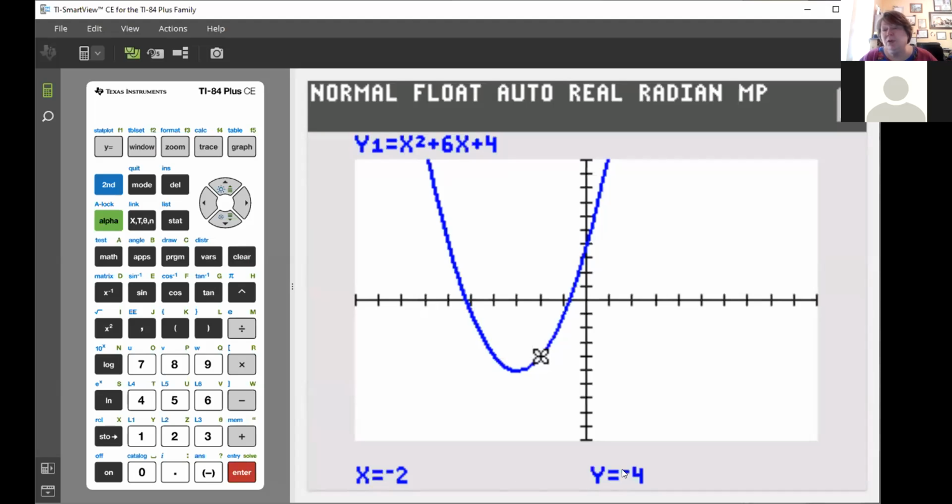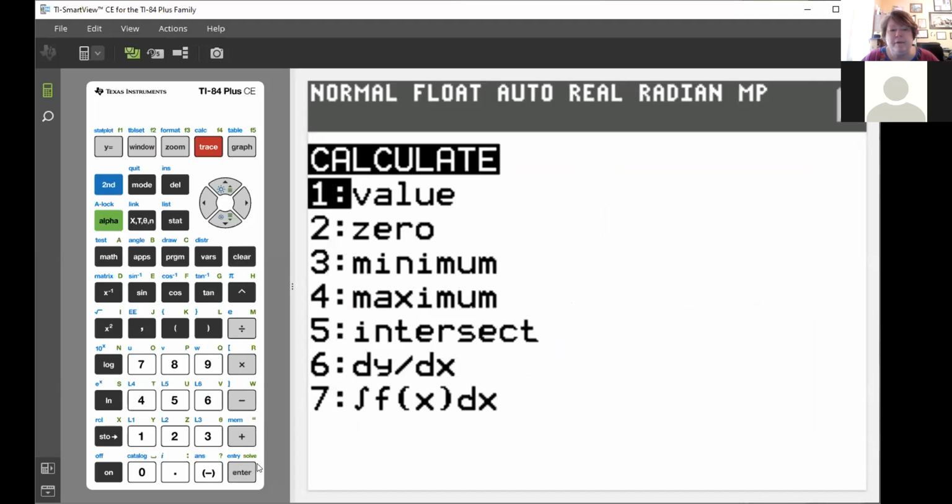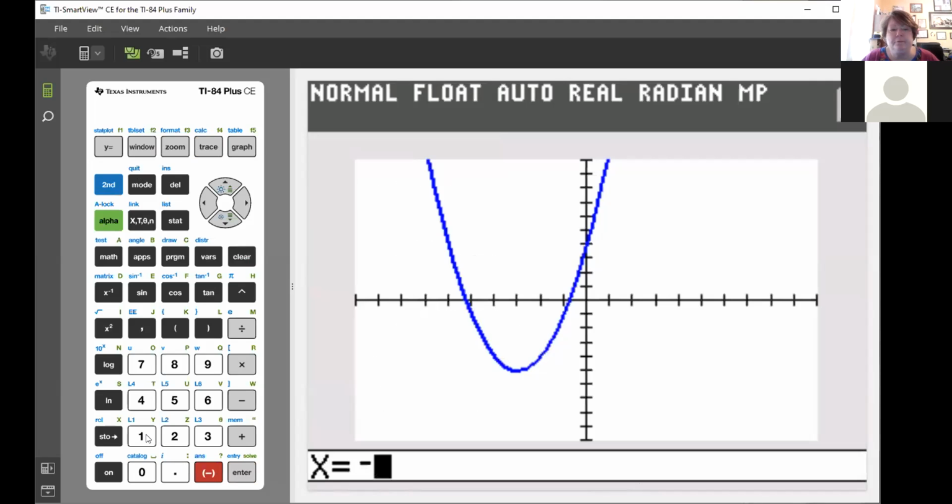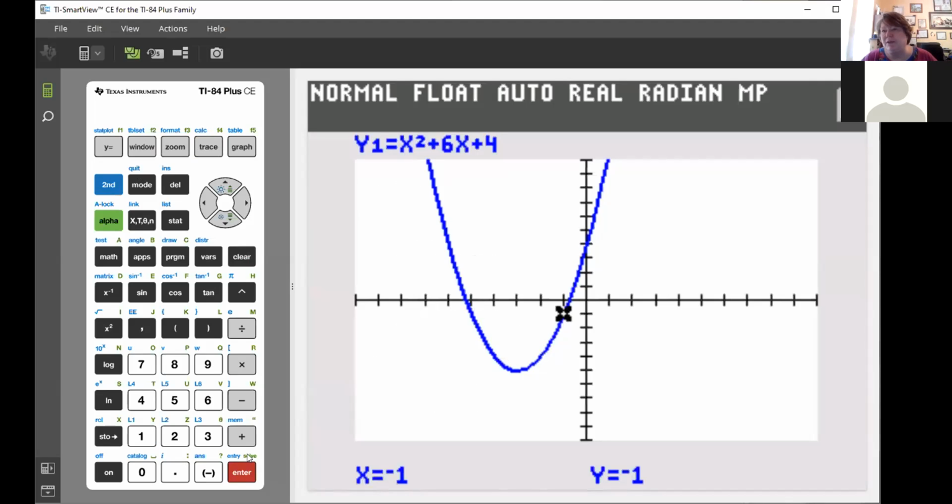Well, that's nice. So your calculator will evaluate a function at a particular real number. We evaluated it at -1, so let's do that again. Second, calculate, value, -1. And we got -1, right? Well, that's correct. If I evaluate this function at x equals -1, I get y is -1.